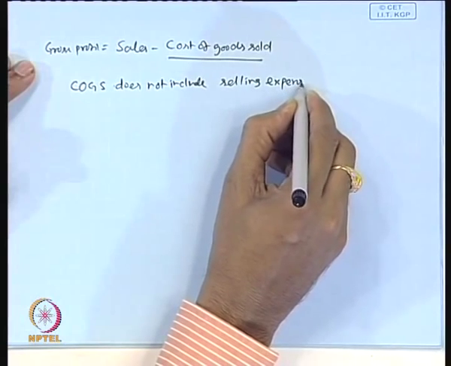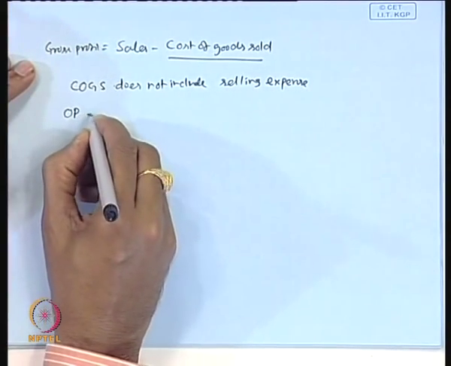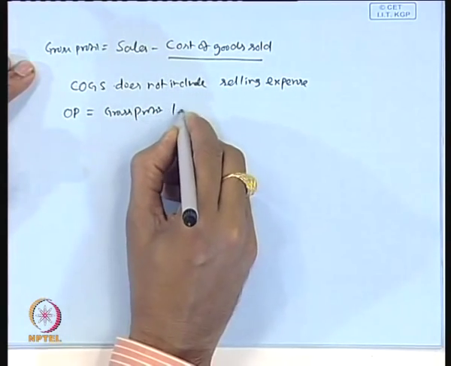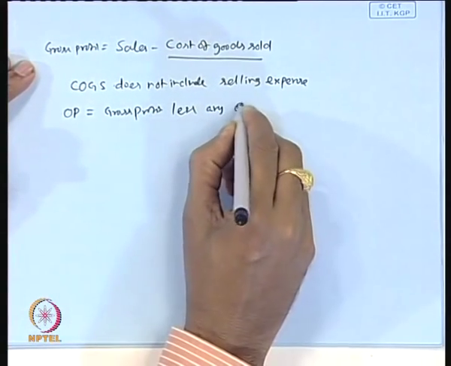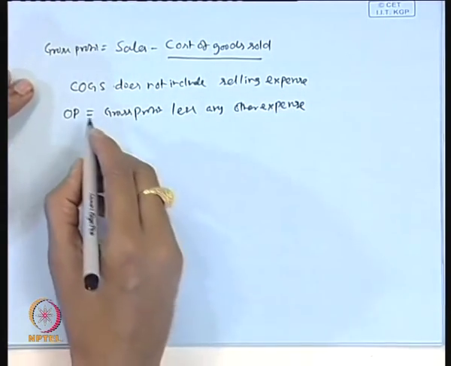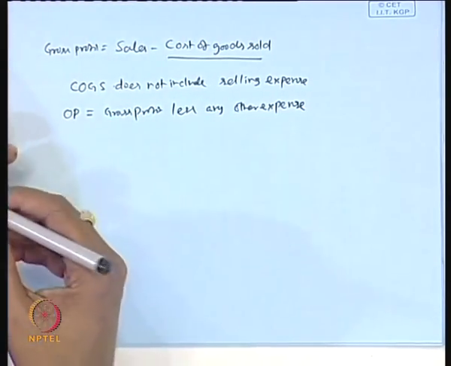In that case, the operating profit will take care of this: gross profit less any other expense excluding interest. That means having got the gross profit, how much this company has earned so that it can meet other expenses including selling and distribution expenses. Then we deduct that, we get the operating profit, and how much operating profit is there in relation to sales is given as the operating profit margin.